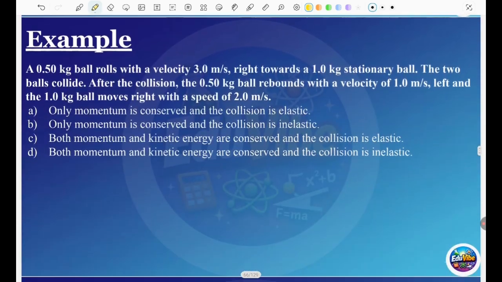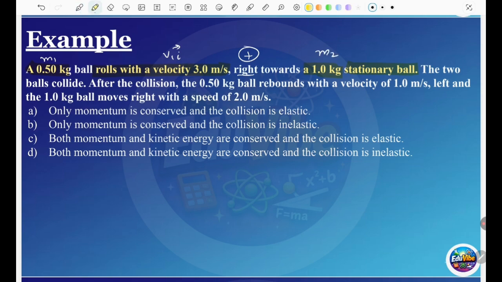So let's move on to an example. A 0.5 kg ball rolls with a velocity of 3.0 meters per second. So you have a mass m1 and a v1i, which is to the right, positive, towards a 1.0 kg stationary ball. This is the stationary ball, m2.